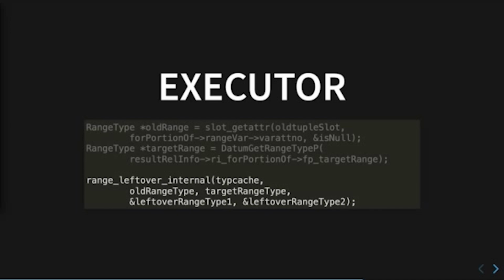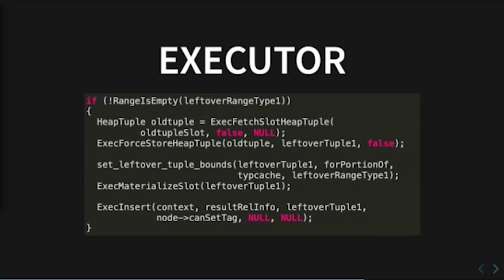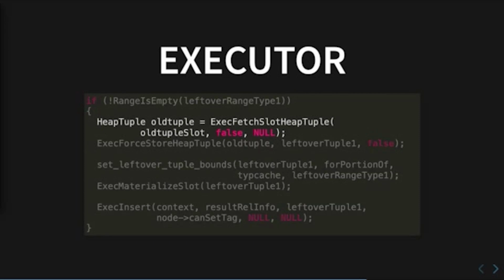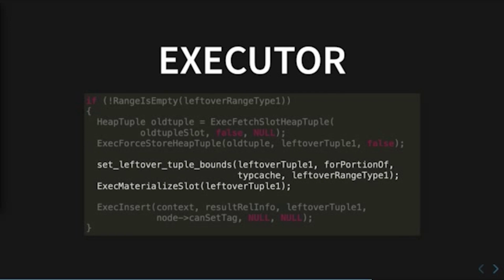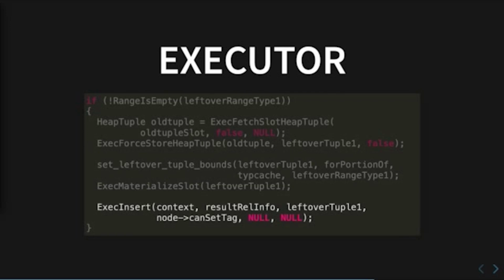And now we have a couple more range type instances. Now, if either of those are non-empty, we'll insert rows for them. We'll take the old pre-update values. We'll copy them into our tuple table slot. We'll change the start and end values, and we'll do an insert with this. All this uses tuple table slots. So let me talk about those, and then I'll come back here and go through this code again more slowly.